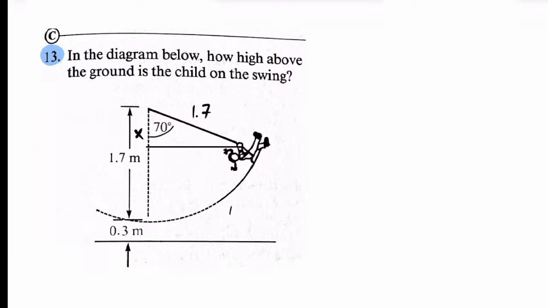So they want you to find the distance of the person to the ground. So that's going to be from here to here. This is what we want to find. I want to find the distance to the ground. I can label that with H or something.